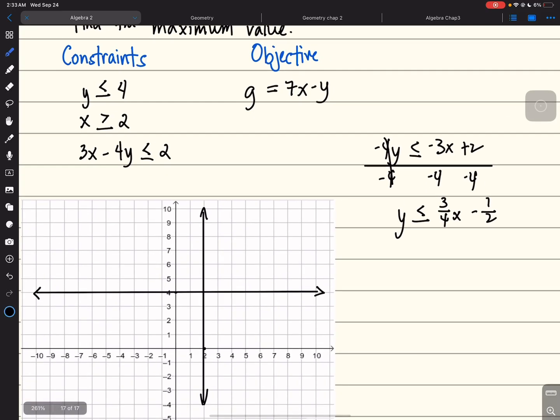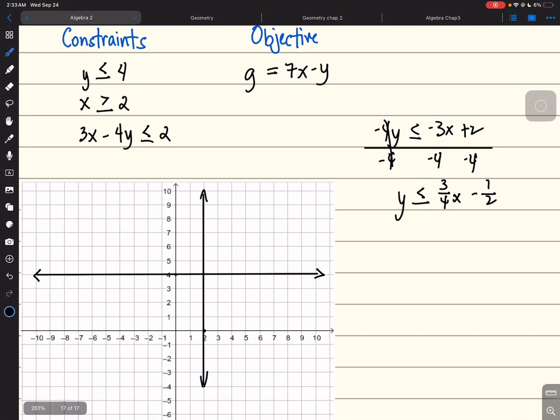So let's try to plot this slope-intercept form. So negative 1 half, I do believe that is over here. So that is your first point. Second, using the slope, this is rise and then this is run. So rise 3 times. So that is what? 1, 2, 3, and then run 4 times. 1, 2, 3, 4. Okay?